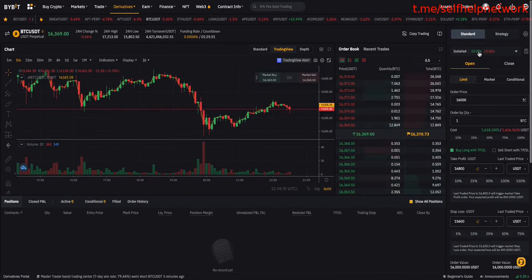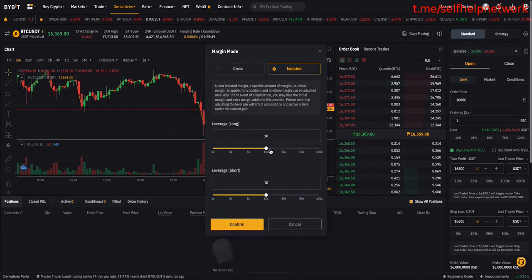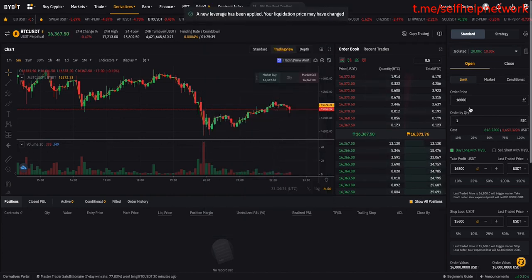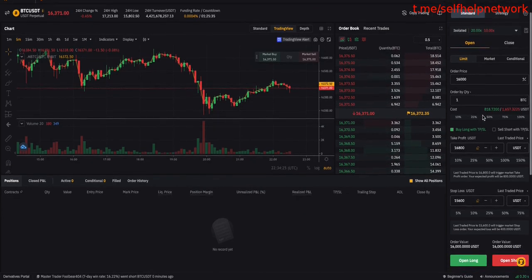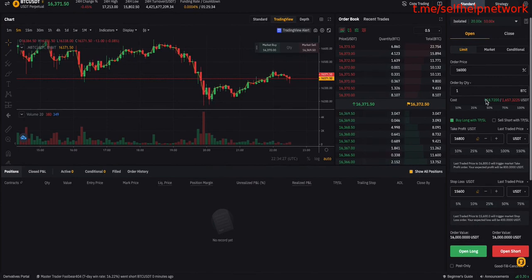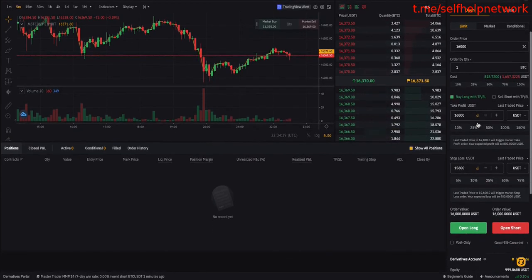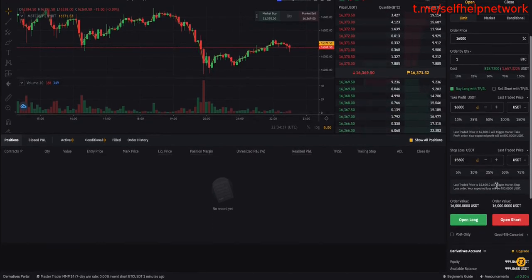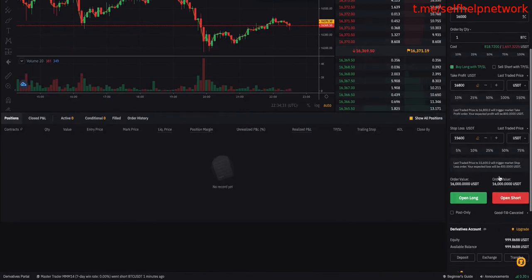So you need to alter the leverage. Put it up to 20. You can now see that the cost of your long is 818, and you have 1,000. So you are able to put that position on.